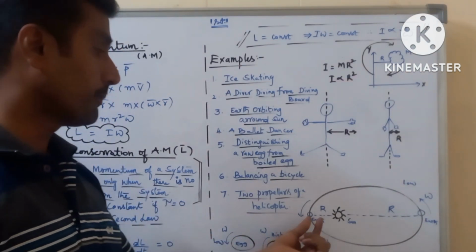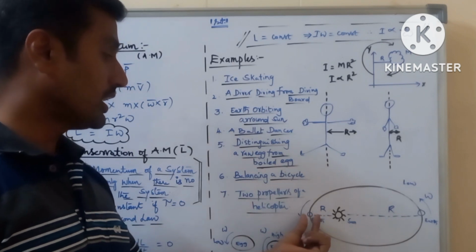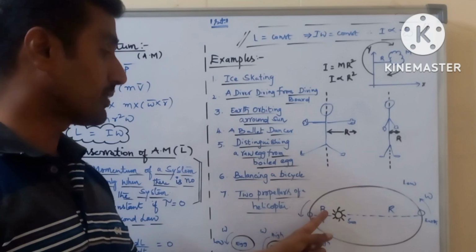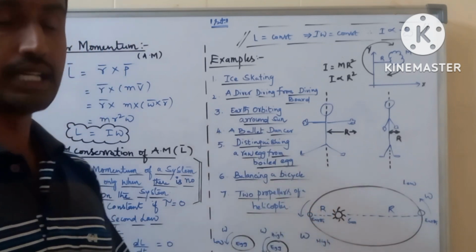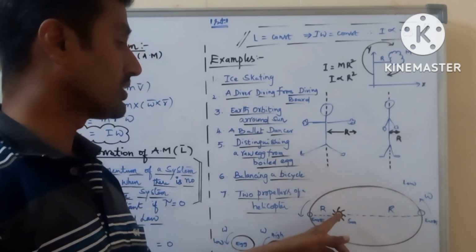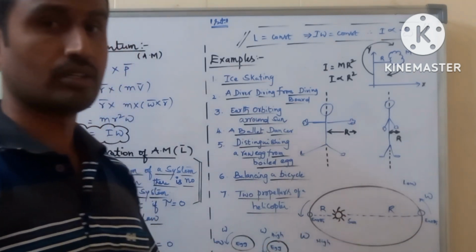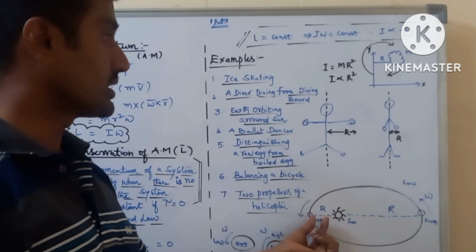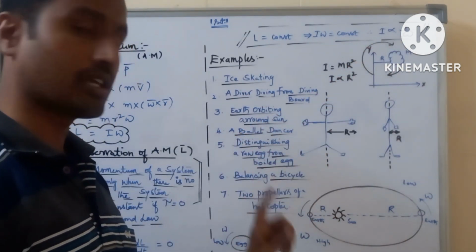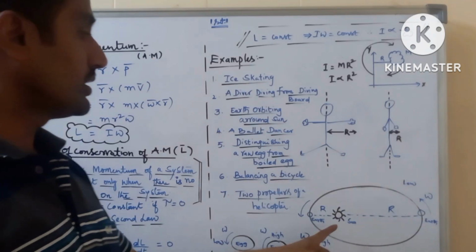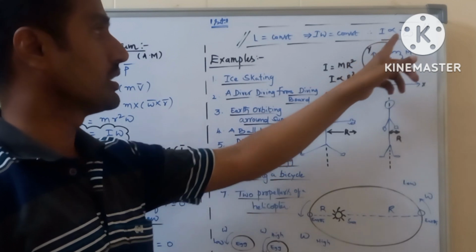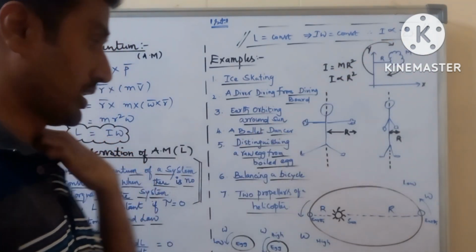The reason is that at the perihelion point, the distance from the sun to earth is less, whereas at aphelion point the distance from the sun to earth increases. When the distance decreases, angular velocity increases. When the distance increases, the moment of inertia increases, hence angular velocity decreases.